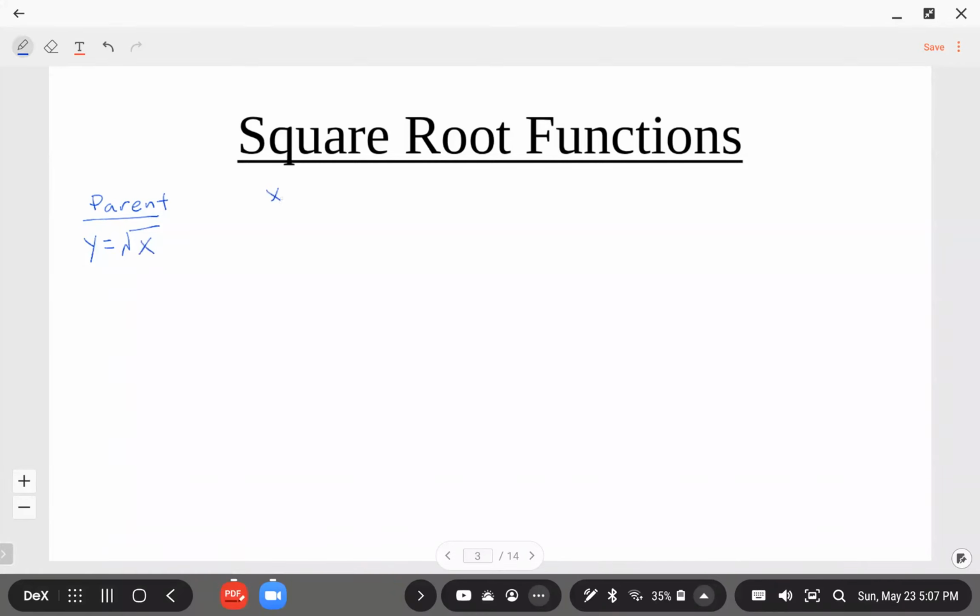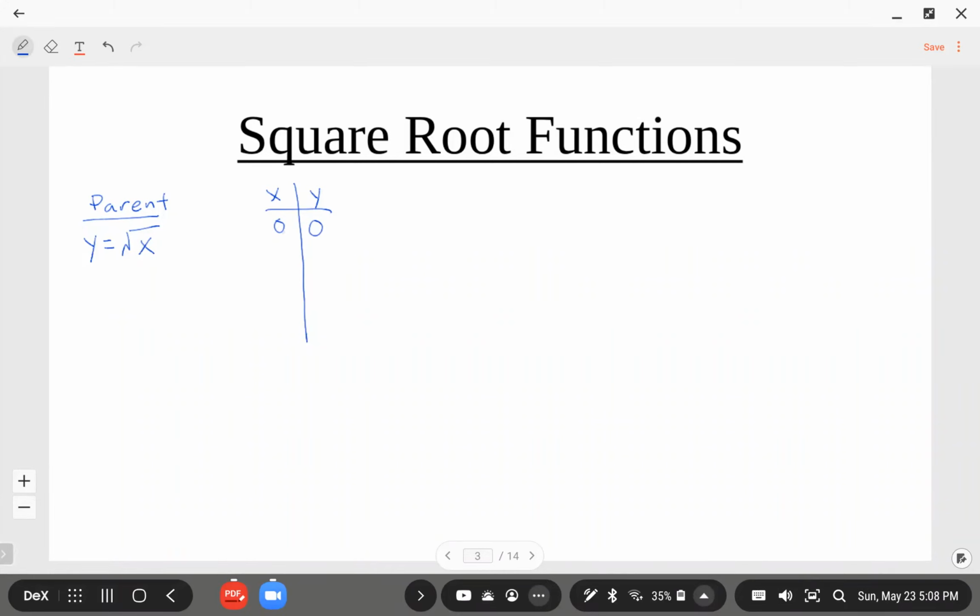All right. So let's take a look at what square root functions look like. Square root functions where y equals the square root of x. So basically, y squared equals x. So, let's say x is 0, and then y would be 0 as well.